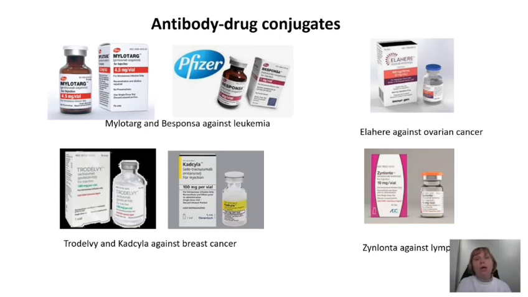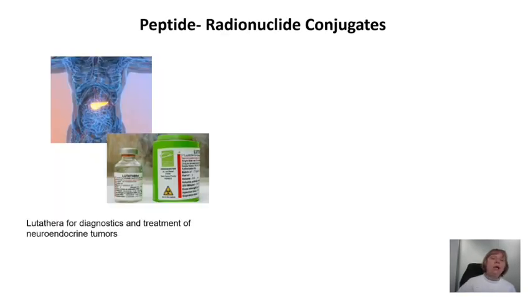But as you know, not only chemotherapeutics, but radiation can be used against cancer. But usually, when we apply radiation to the whole human body, it's very harmful. We can use the same approach and attach our radioactive material to some horse which brings it inside the tumor cell. And this approach was realized in Lutathera, the drug which is intended for diagnostic and treatment of neuroendocrine tumors.